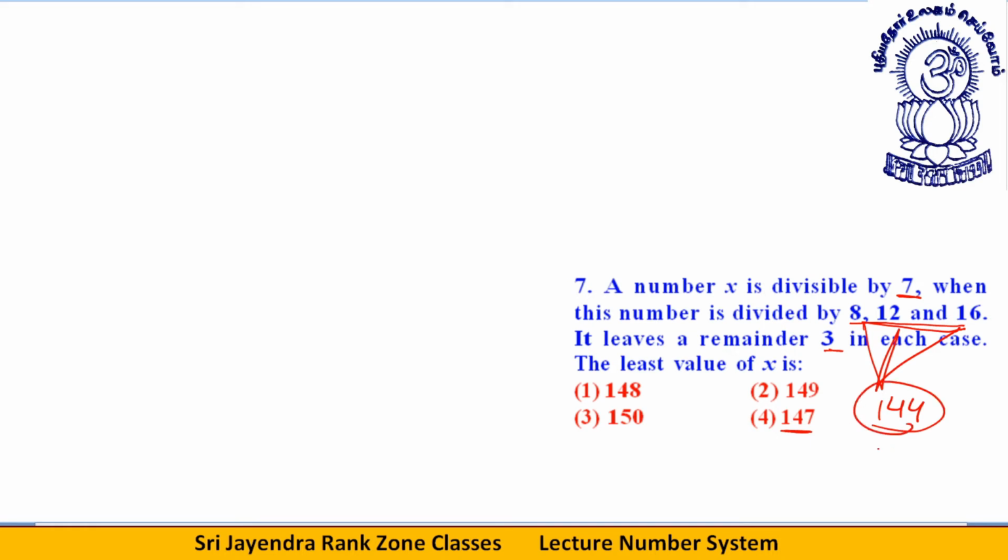Okay. So I can say 144 is divisible by 8, 12, and 16. This is one thing. 12 square is 144. 16 into 9 is 144. 18 into 8 is 144. So everywhere these numbers divide 144.